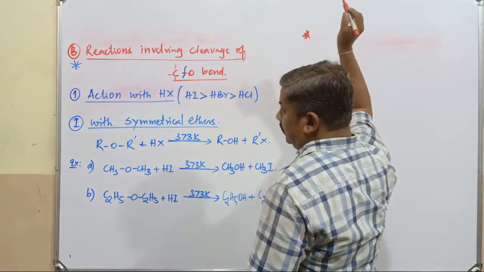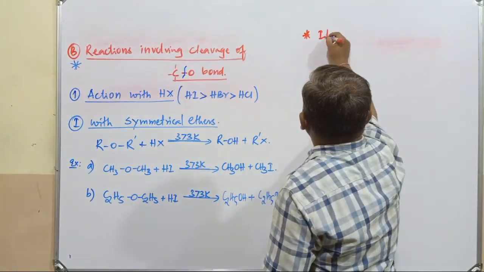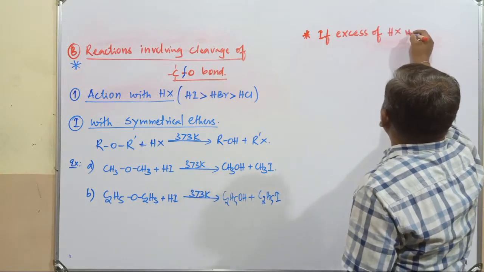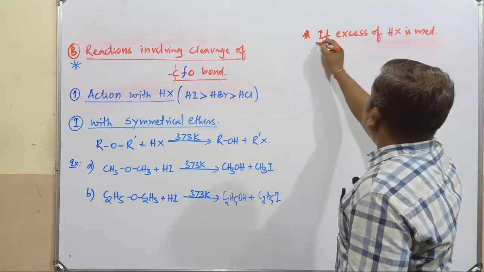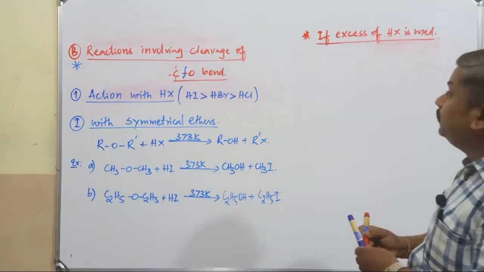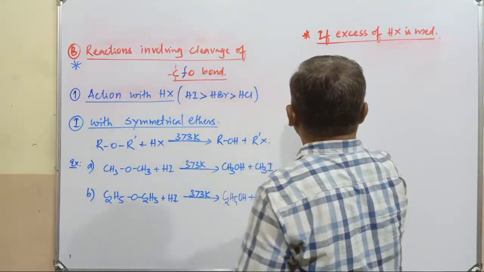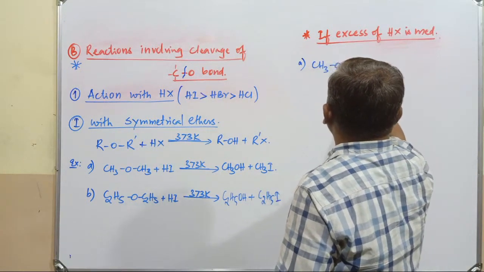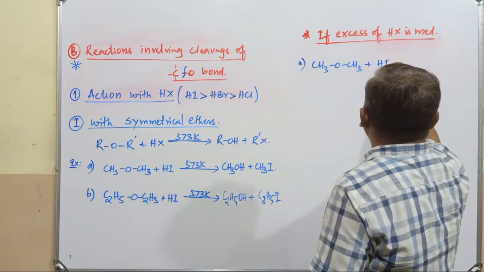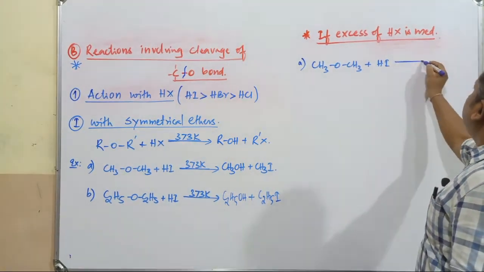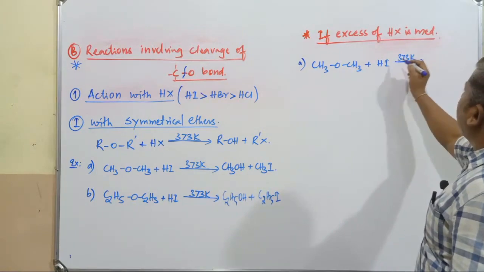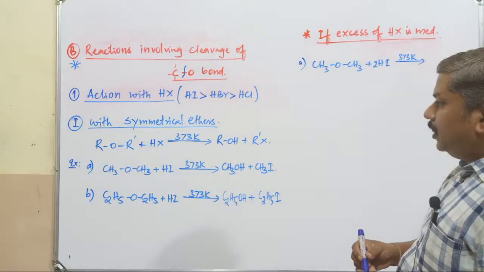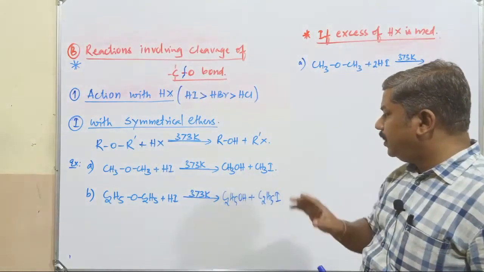Another important point here: if excess HX is used, what is the product obtained? Suppose I go with one example directly, CH3OCH3 plus HI at the same temperature of 373 Kelvin. Excess HI means I will go with 2 moles. If it is controlled, only 1 mole of HI is there, and the product is 1 alcohol and 1 alkyl iodide.